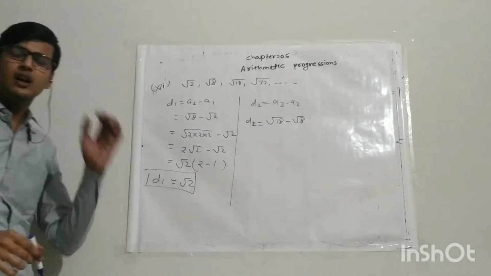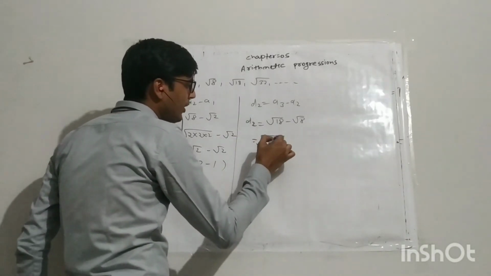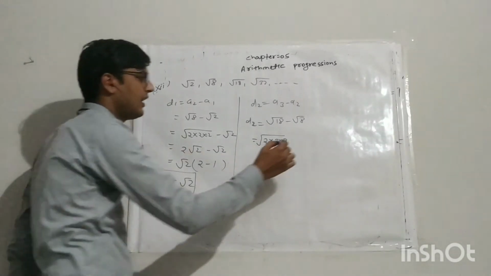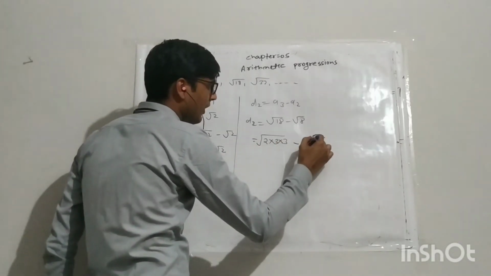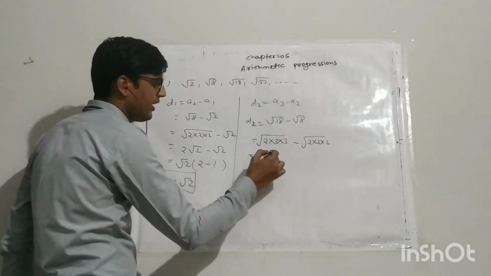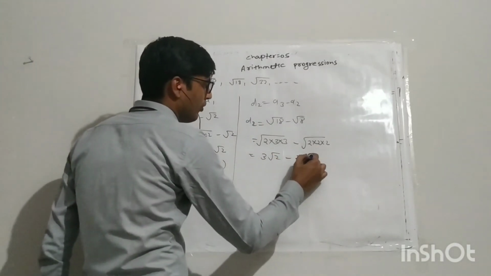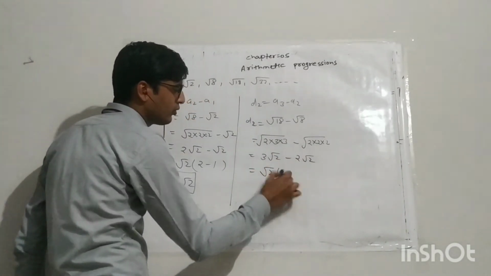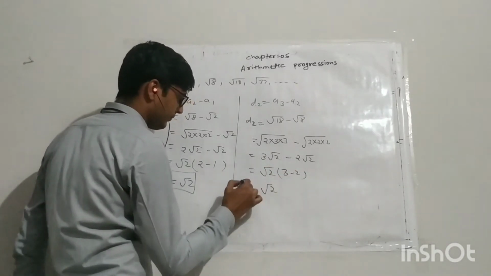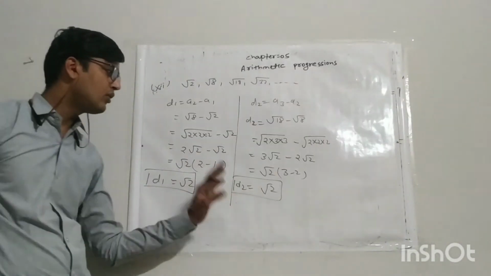We write root 18 in the form 2 into 3 into 3, because 3 3s are 9, 2 9s are 18, and we write 8 as 2 into 2 into 2. So now 3 is common, 3 root 2 minus 2 root 2. Again root 2 is common, so 3 minus 2. So again the value of D2 is root 2. So D1 is root 2, D2 is root 2.